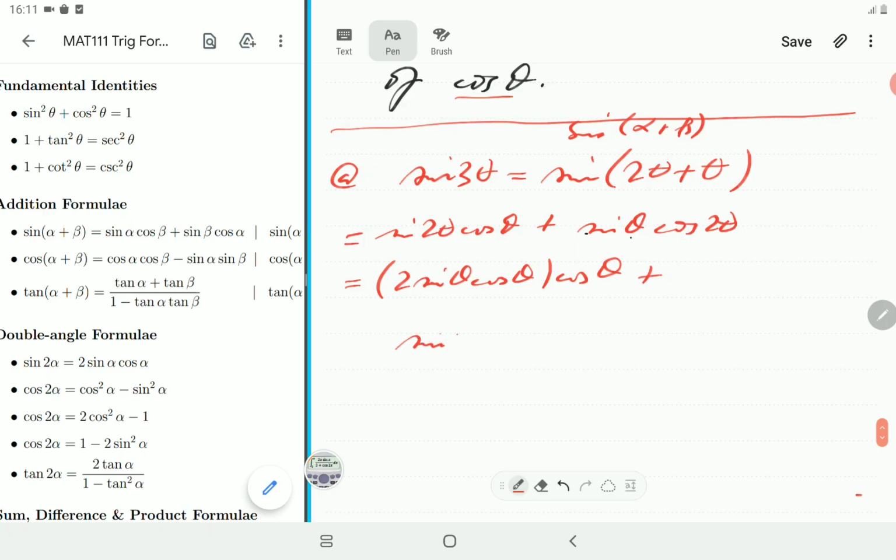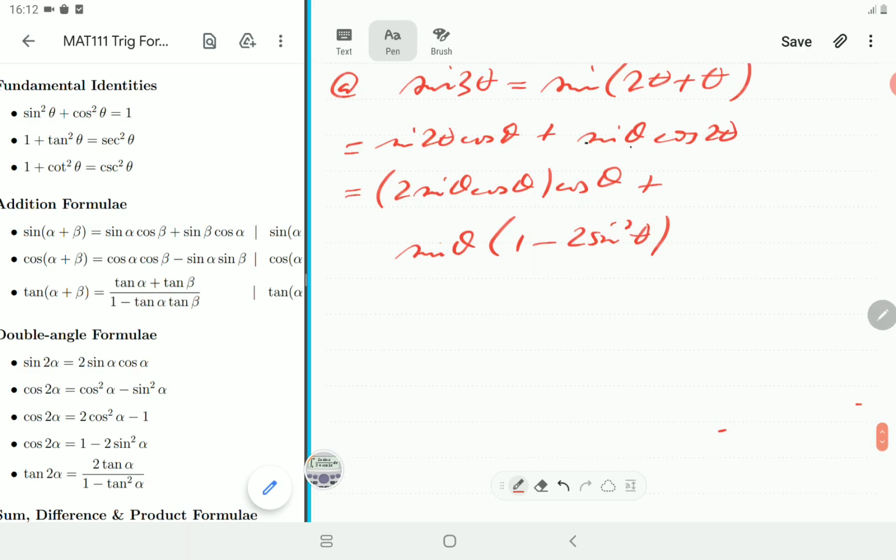Then cosine 2 theta, we want it in terms of sine only, so it's going to be 1 minus 2 sine squared theta. Okay, then we multiply out. First term is going to be 2 sine theta cos squared, because we've got cos here and cos there.